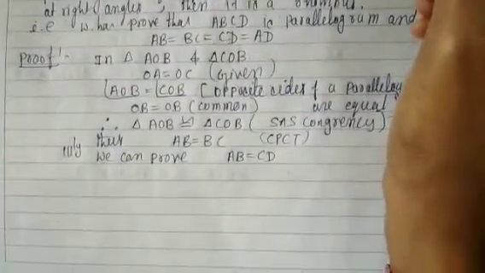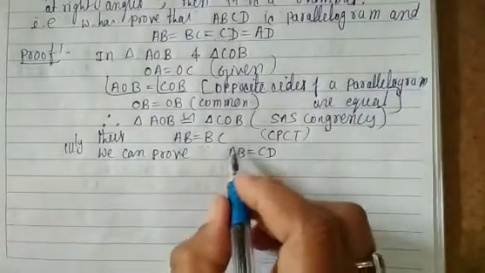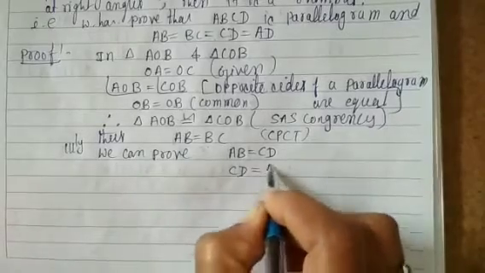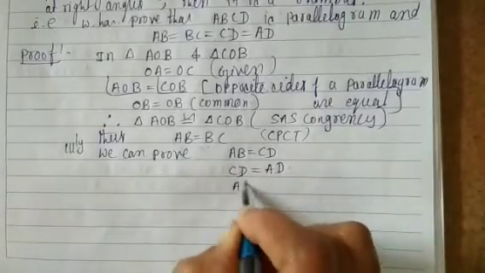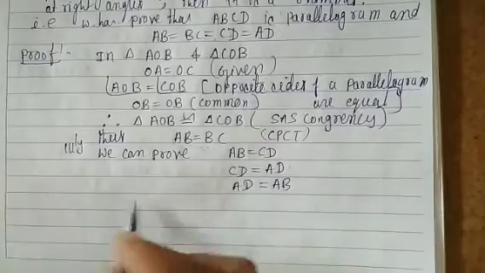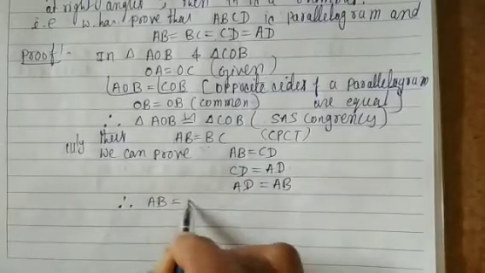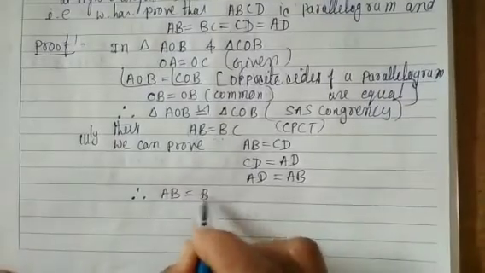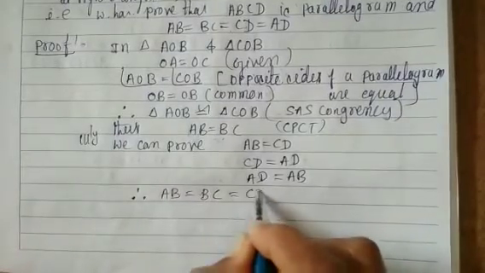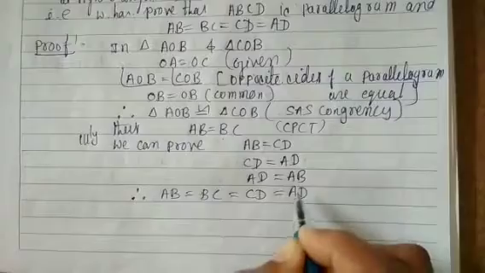So, once again we will write AB is equal to CD, CD is equal to AD, AD is equal to AB. Therefore, AB is equal to BC is equal to CD is equal to AD.